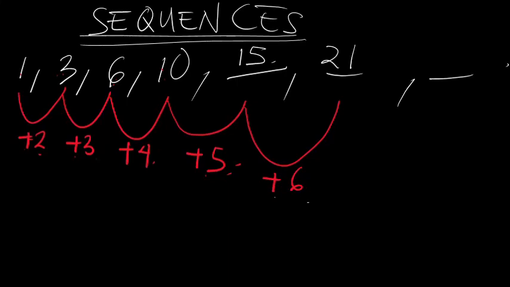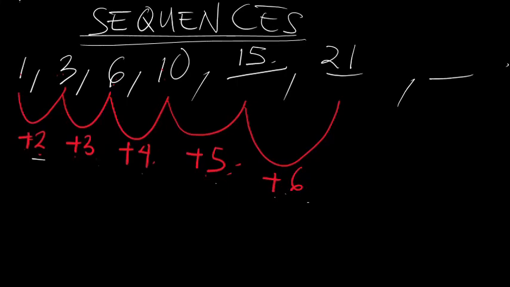Having studied the list of numbers, you will now notice that it has a pattern, which starts from adding plus 2, plus 3, plus 4, plus 5, plus 6. So from the first term to the second term, you add plus 2. From the second term to get to the third term, you add plus 3, like that, incrementally.